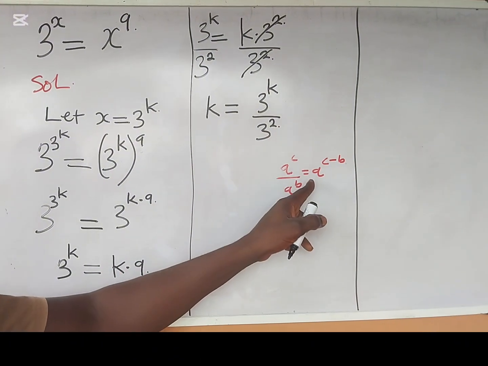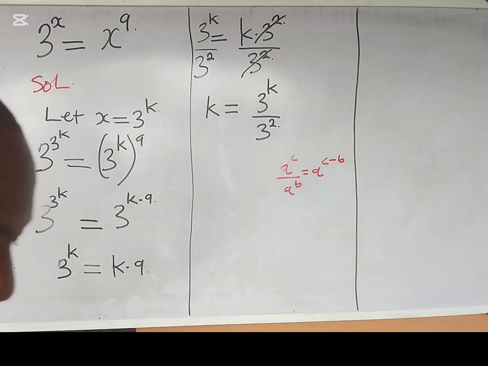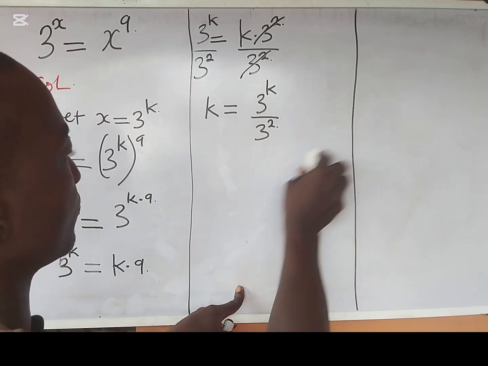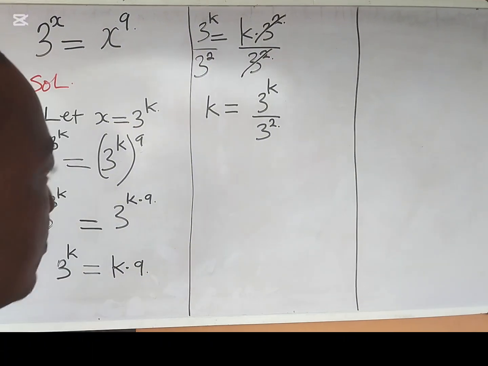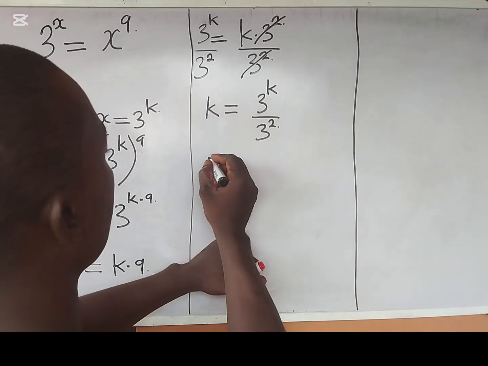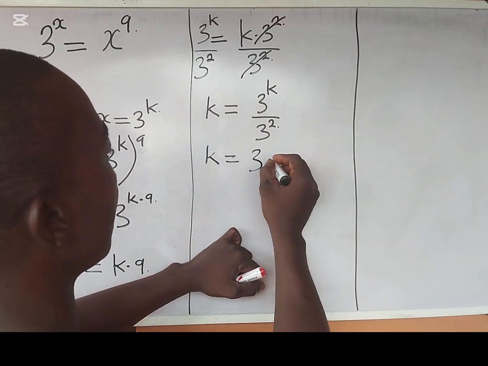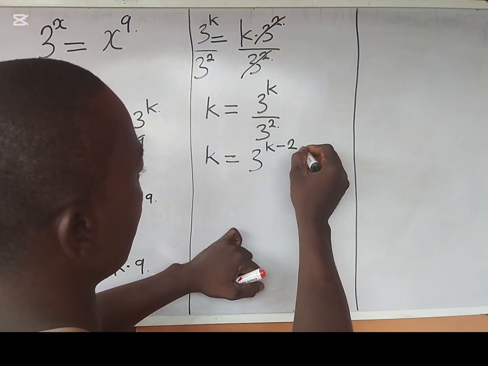So we can apply this rule of indices to this. So let's do that and see where it takes us. When we apply that, k will be equal to 3 raised to the power of k minus 2.